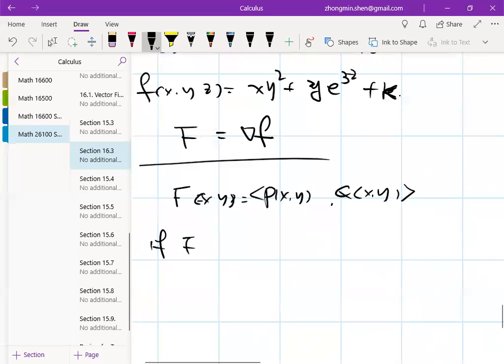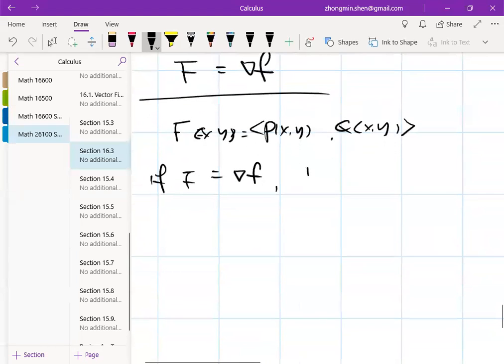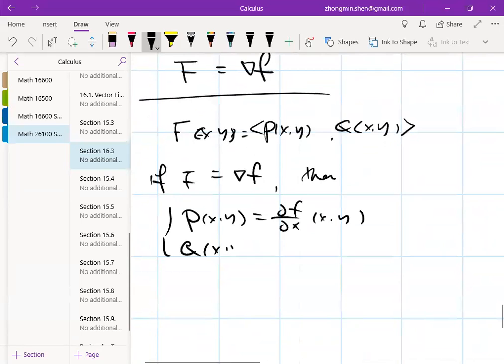If F is conservative, then P(x,y) is the partial derivative of f with respect to x, and Q(x,y) is the partial derivative of the function with respect to y.